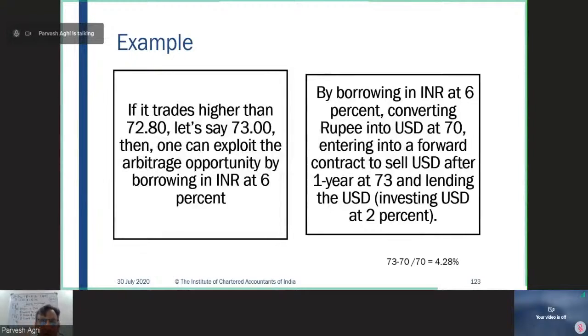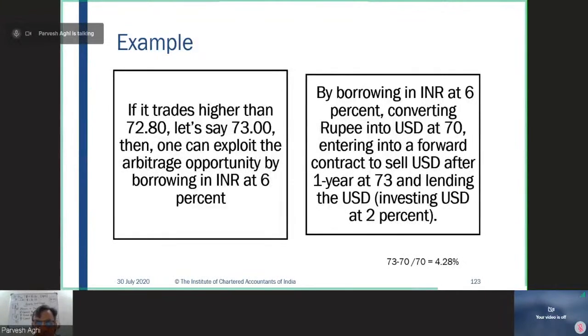Suppose you don't even invest anywhere, and you bring that dollar back to India after 1 year. How much are you going to get? 73 rupees. If the interest parity theory plays out, the spot rate would exactly match the forward rate. Or you enter into a forward contract, and you will get 73 itself, because in this example you have immediately taken a forward cover for 1 year where the forward rate of the US dollar was 73. So your $1, which was 70 rupees, is now equal to 73.